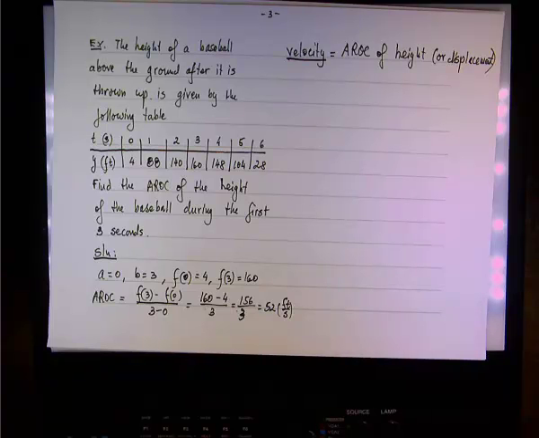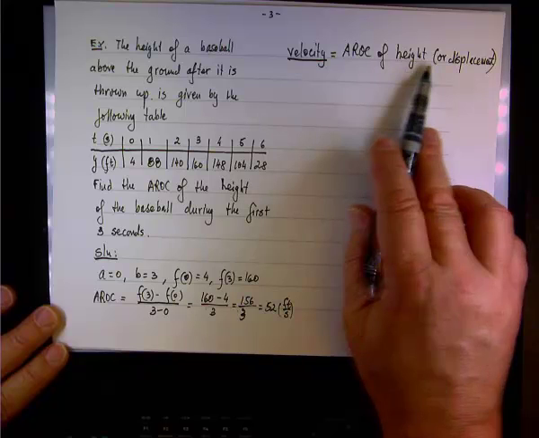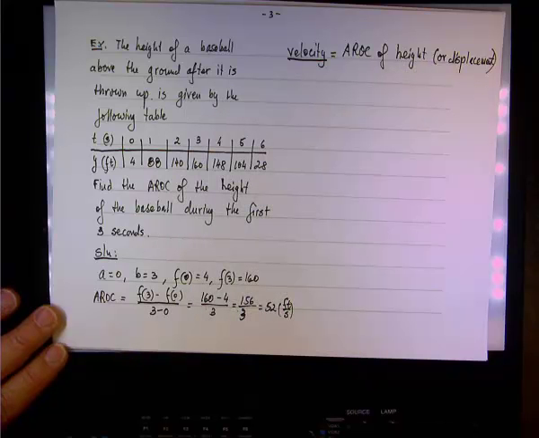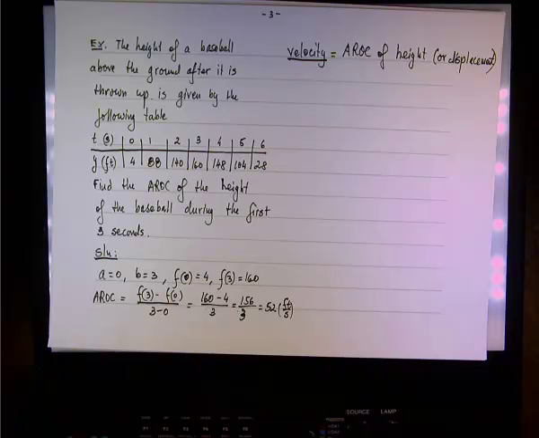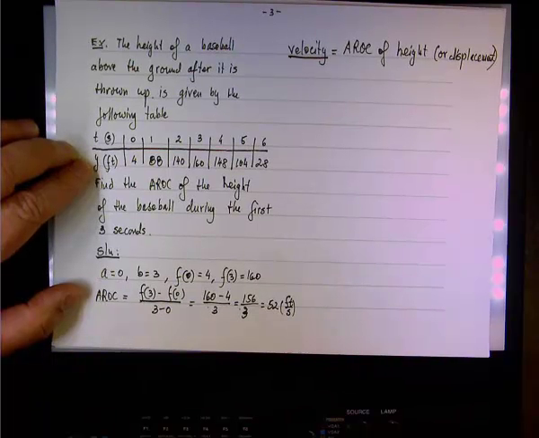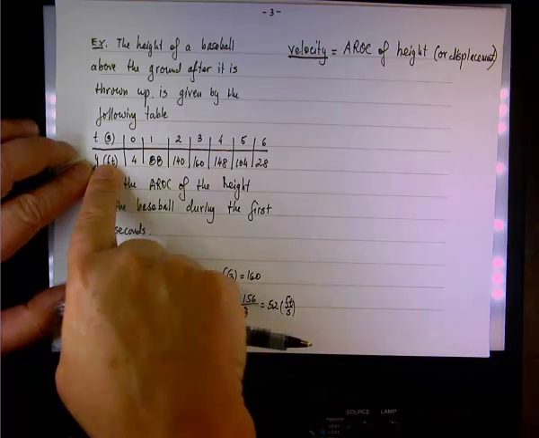So the velocity is the average rate of change of, in this case, the height. In general, it will be the displacement, how far we move. Later on in calculus, you learn that the velocity is the derivative of the displacement or the height. If y is a function, y equals f of t, a function of time, well, the instantaneous velocity, not the average rate of change, at a certain time will be the derivative of y.